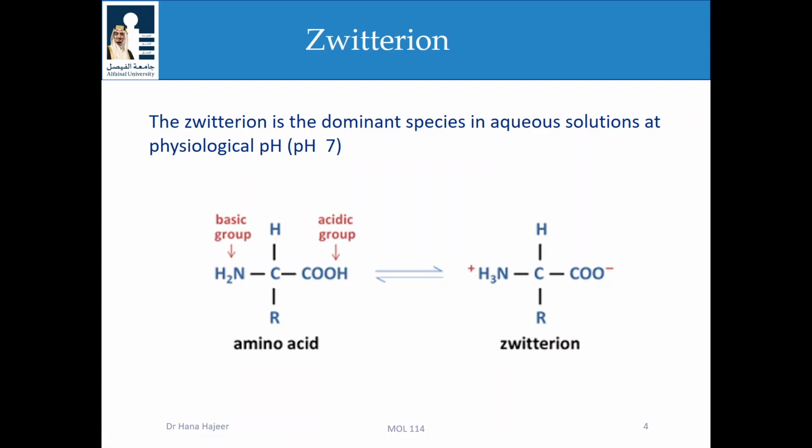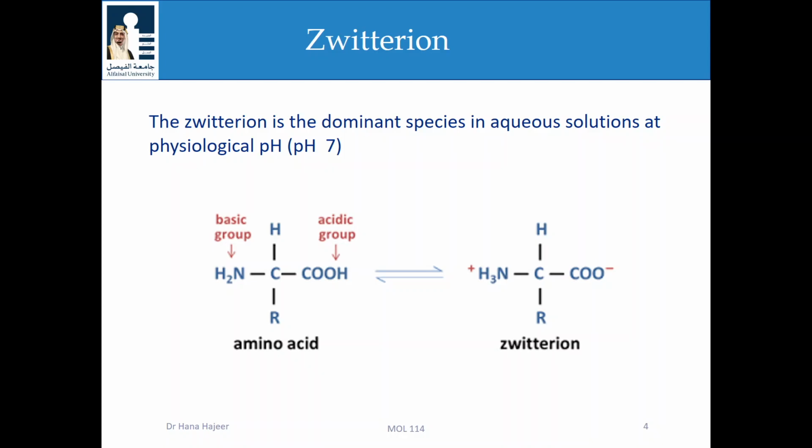Busy doing what? Yes? Excellent. So all the internal carboxyl groups and amino groups will be busy in a peptide bond. Only there will be a free end with the carboxyl group and a free end with the amino group, and all the others will be involved in the peptide bond.